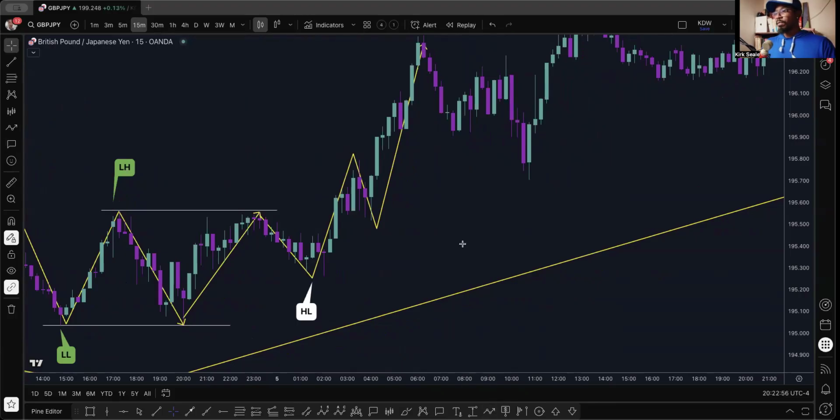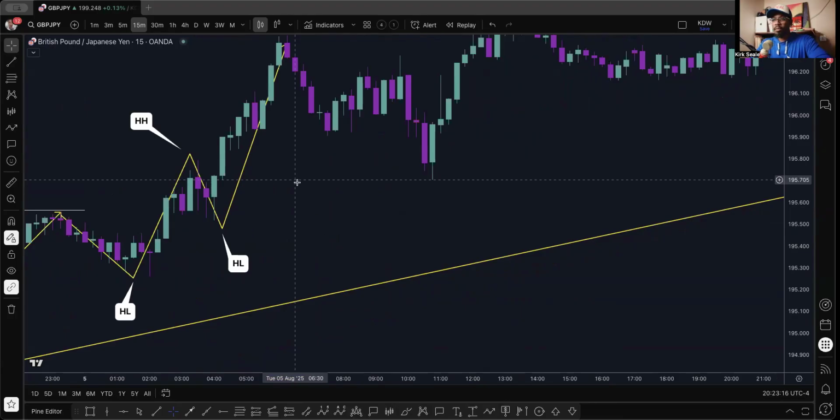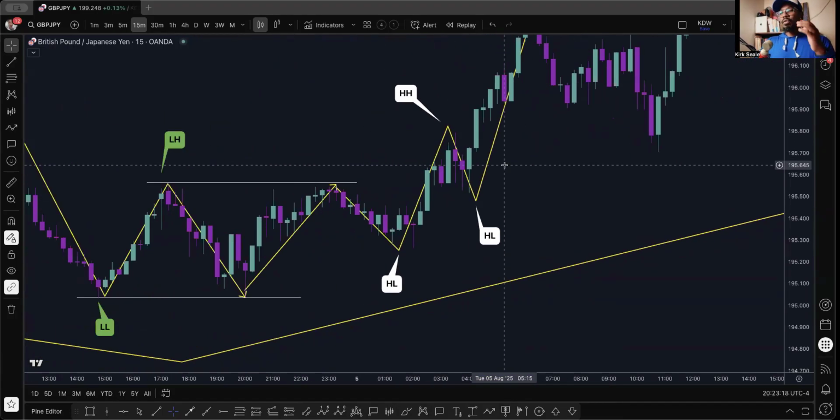Confirmation number two, right? This was the last high. Price came out here. This is higher than this high. So now this is a higher high, which then means that this is the higher low. So based on what we said, we buy at the second higher low.